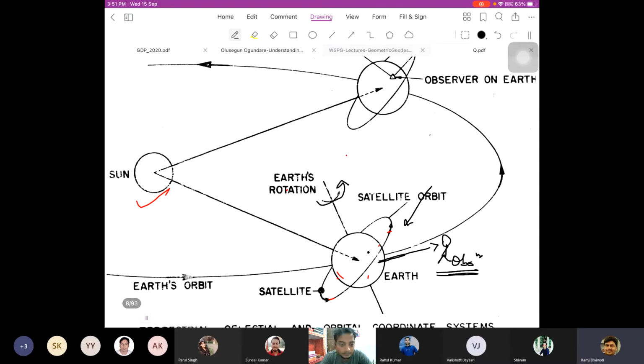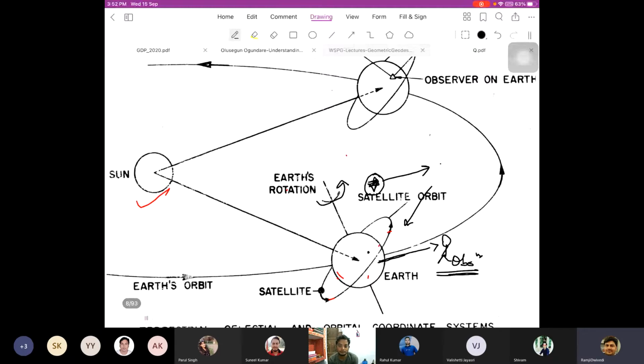When you are away from the surface of Earth, you are in the celestial space, then the coordinates you are working with would be celestial coordinates. Suppose a star is there in this space. Let's say there is a star, and you have to get the coordinate of this star, which is part of astronomy, isn't it?